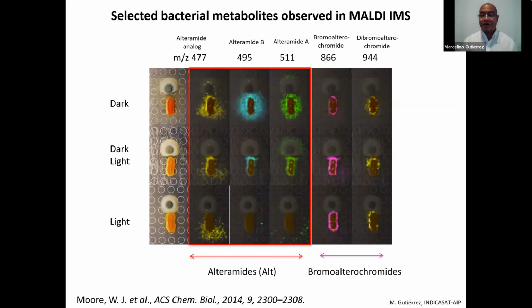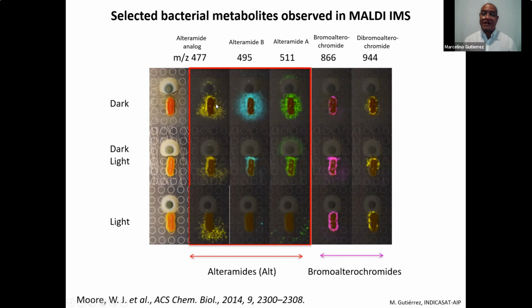We studied it also using imaging. As you can see here, in the dark there is the inhibition and the presence of metabolites. You can see different colors, different masses of the compounds. In the day-night cycle, the activity is not that big, and then in the light, there is no activity.